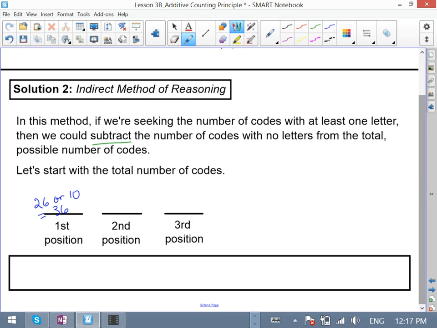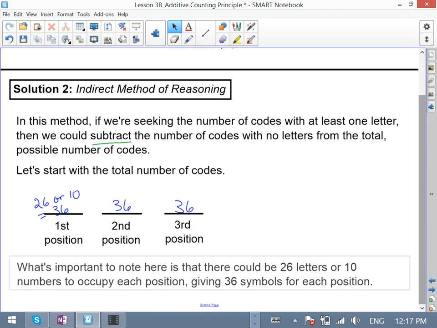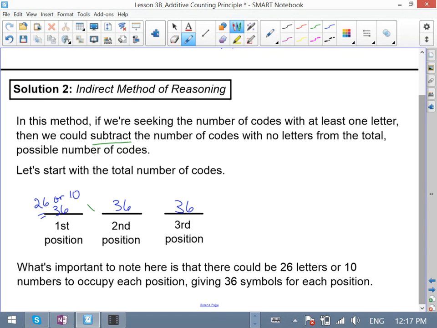That maps into the remaining choices too. So 36 by 36 by 36. For our total number of codes, we multiply these together, and we have 36 to the third power, which gives us 46,656 possible codes.